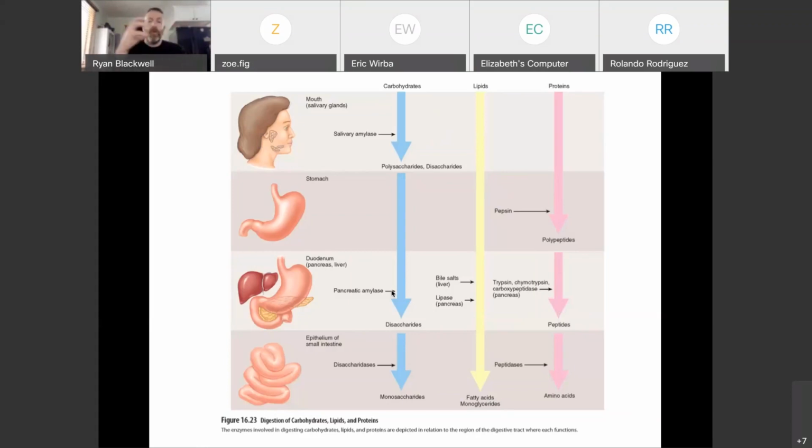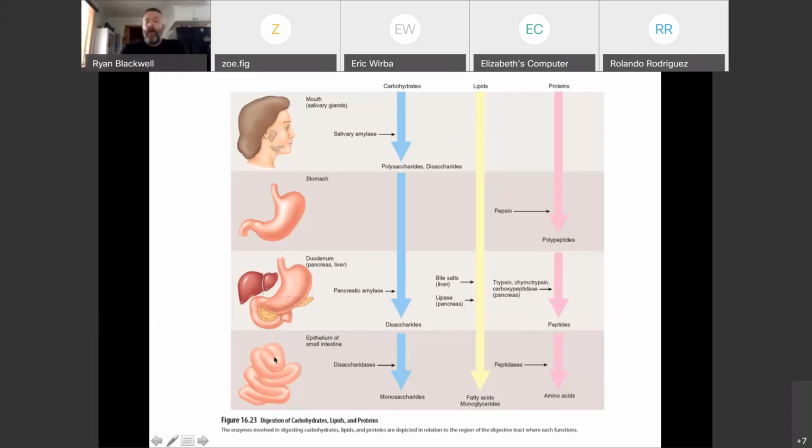An individual sugar molecule is called a monosaccharide. Two sugars together are called disaccharides, and many sugars linked together form a polysaccharide. Starch and glycogen are types of polysaccharides. Amylase can break down a polysaccharide into monosaccharides, but a lot of the time it just breaks them down into disaccharides.